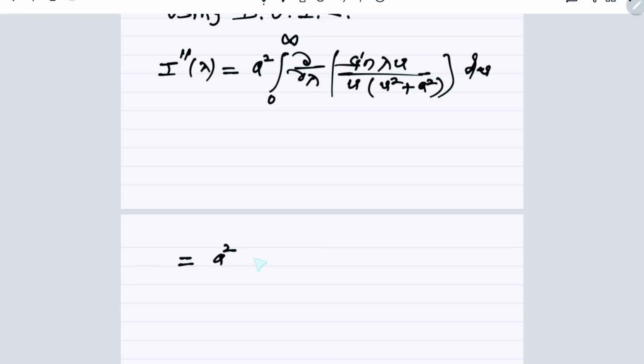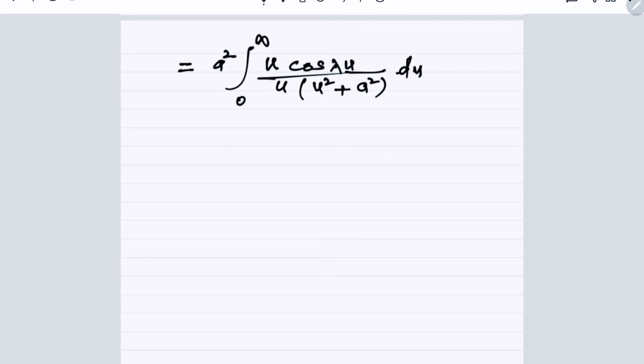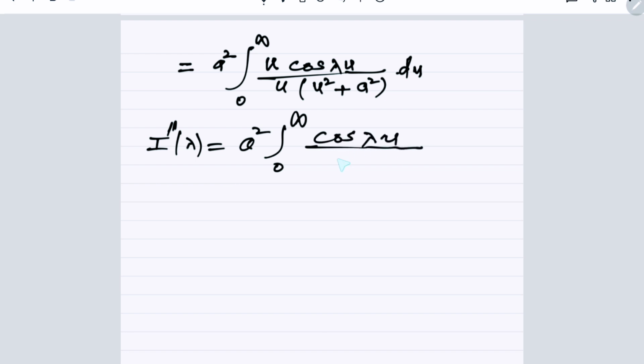A square as it is, integration from 0 to infinity, the derivative of sine is cos lambda u, chain rule, differentiation of lambda u with respect to lambda is u, divided by u into u square plus a square as it is, no change, its integration with respect to u. The u gets cancelled, and therefore we get the value of I double dash of lambda as a square integration from 0 to infinity of cos lambda u upon u square plus a square. But this integral is nothing but I of lambda.